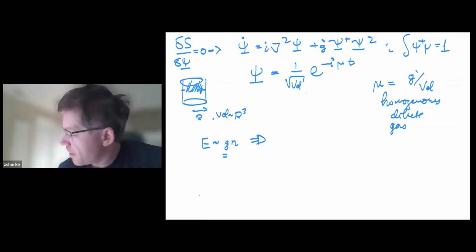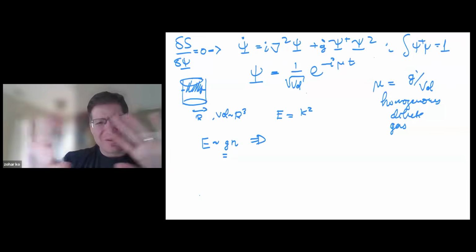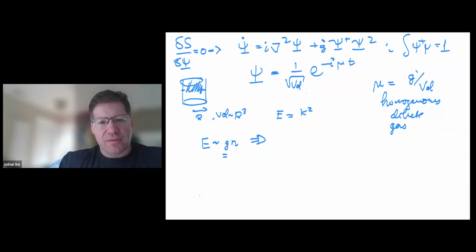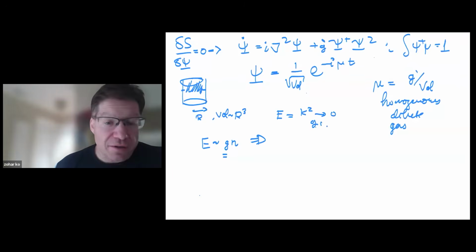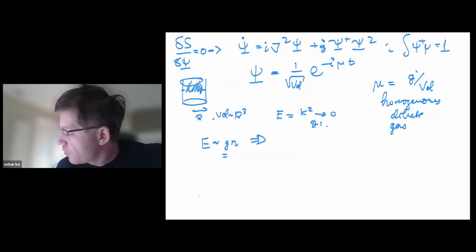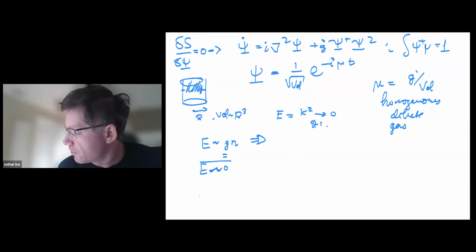You remember that for free particles without interaction, the energy is ħ²k² divided by 2m. And now we took the large volume limit, and this just goes to zero in the ground state. So if we did not have interactions, the energy would go to zero. So the correct answer in the infinite volume limit without interactions is that the energy goes to zero.